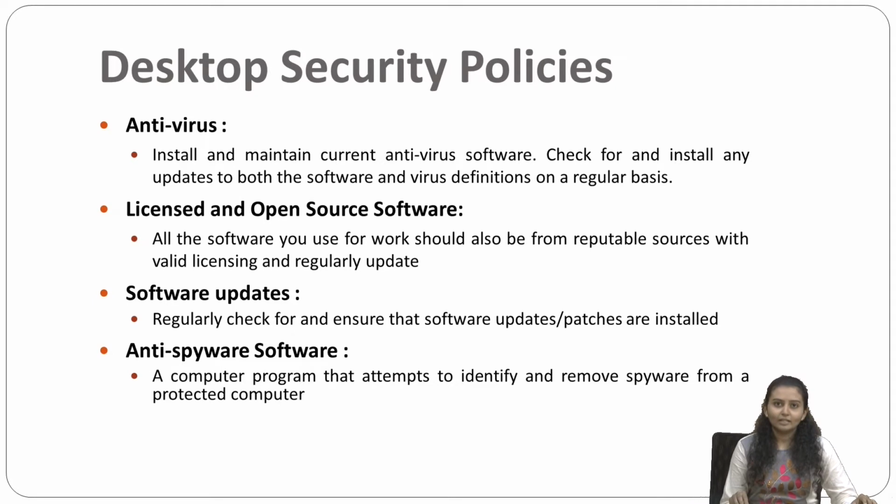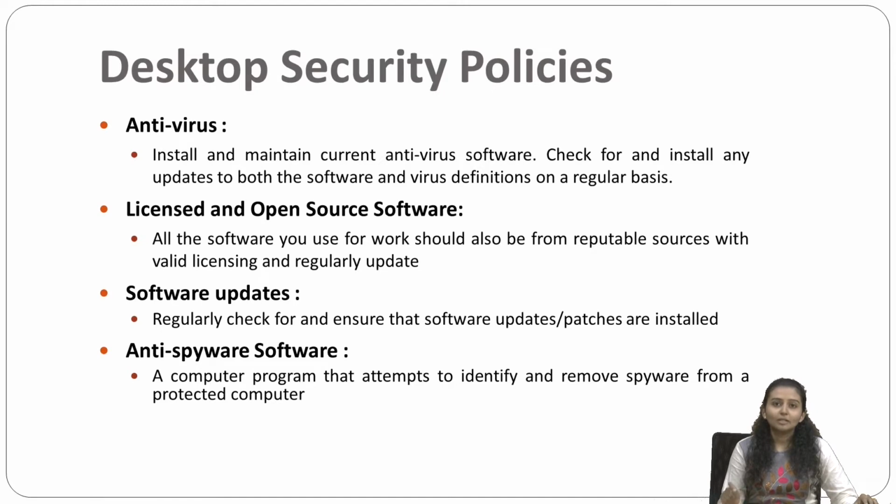First is antivirus. Antivirus is a software which will check incoming data for viruses, scan your computer for existing viruses, and make sure that no one is installing data or collecting software on your computer without your knowledge.